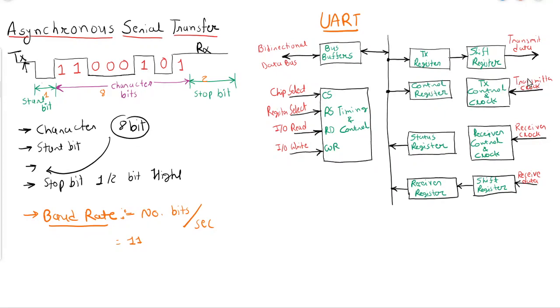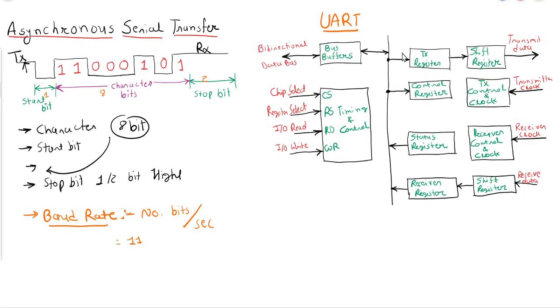Here there will be the transmitter clock, and here there is a control register. First of all, the CPU will set the control register to start the transmission. What will happen next?